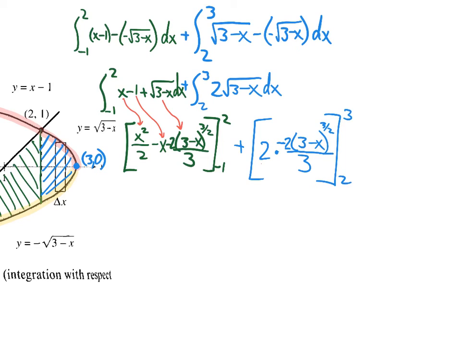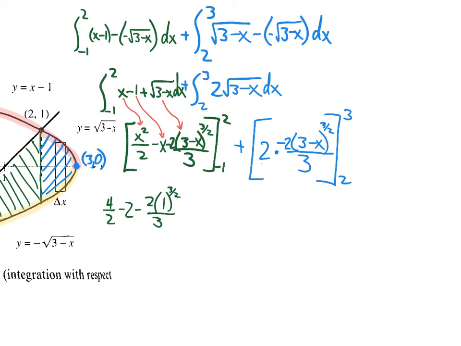Because we do have a cube and then square root with that 3/2 power on both of these. But as you simplify them, you're just plugging in 2. So 4/2 minus 2 times 3 minus 2 is 1 to the 3/2 over 3.